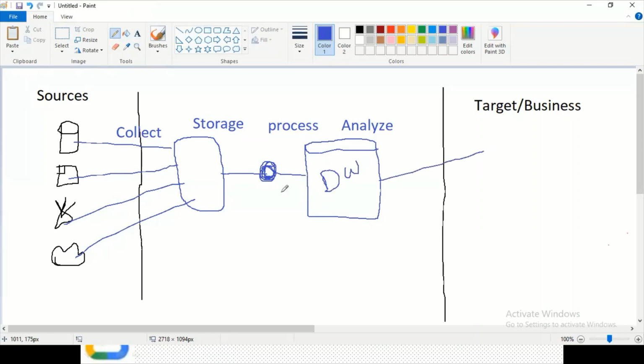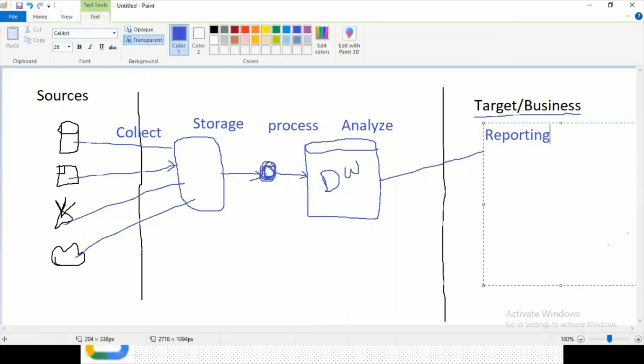Then from here we get the data to the target people. Who are the target people here? Reporting: Power BI, QlikSense, QlikView, Looker, Tableau. Now the boom will be for Looker. Have you heard about Looker?